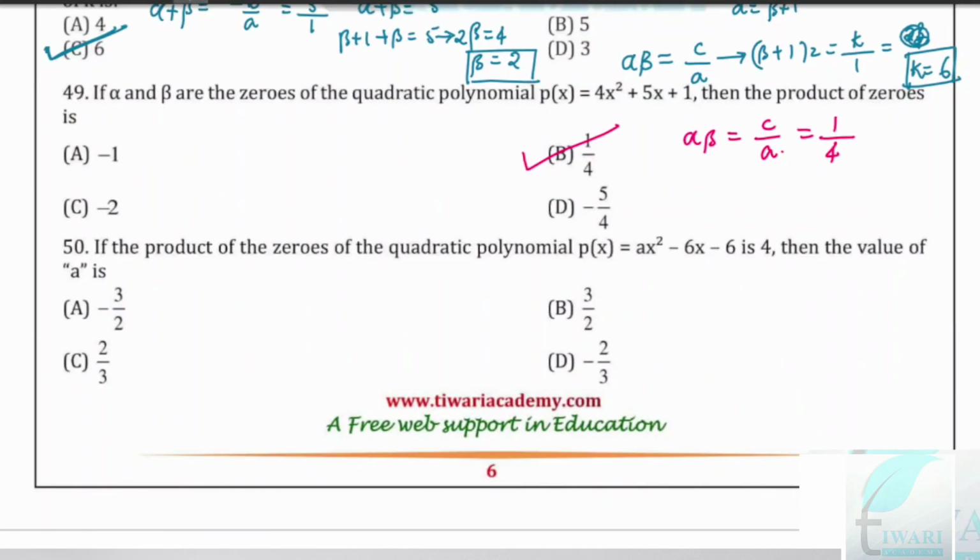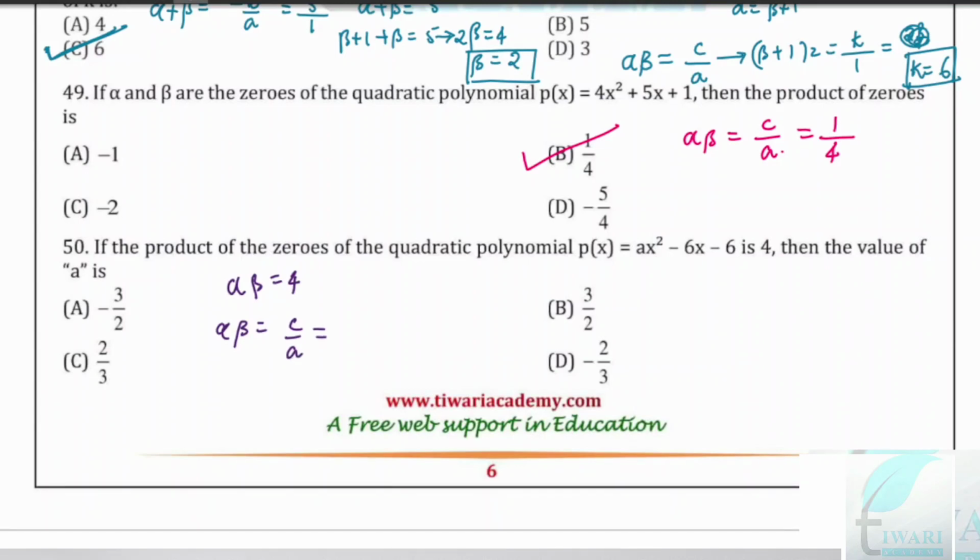Question number 50. If the product of zeros of the quadratic polynomial p of x, that is equal to ax square minus 6x minus 6, is 4, then the value of a is what? So the product of zeros, that is alpha into beta, is given as 4. But we also know that alpha into beta is equal to c by a.